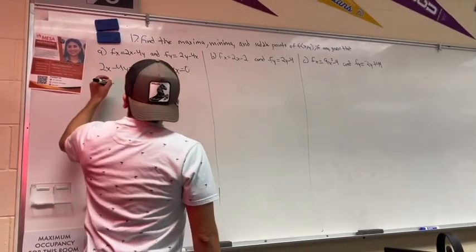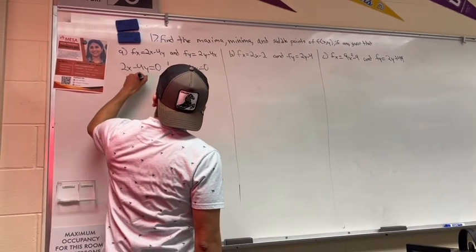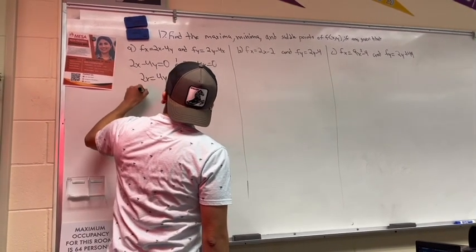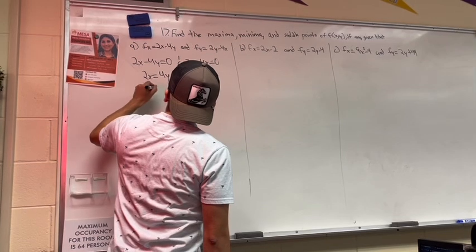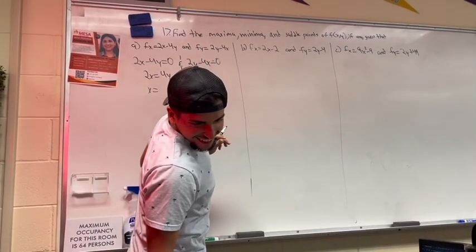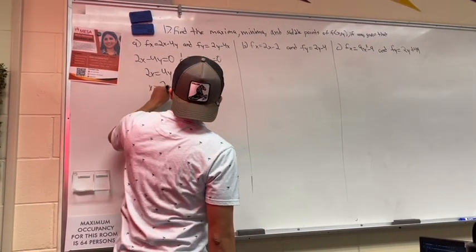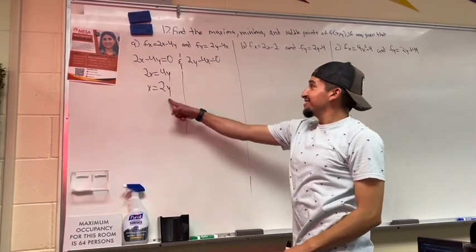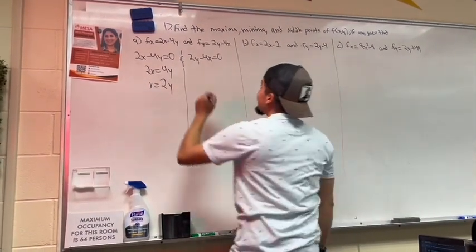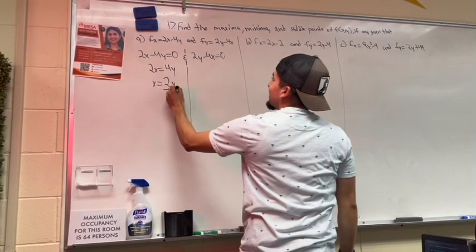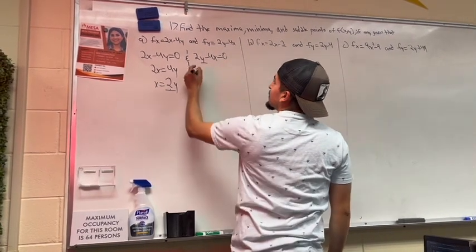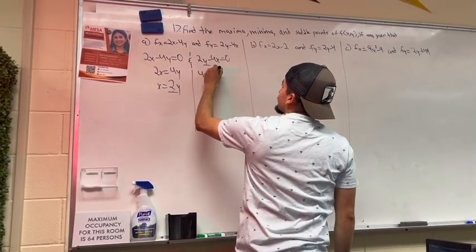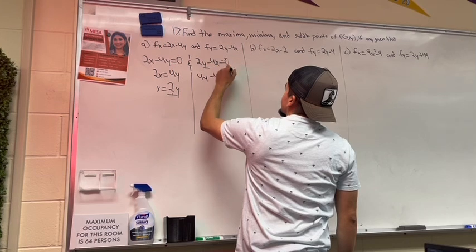Some simple algebra. Then we plug that into here. So we have 4y minus 4x, which is just 0.